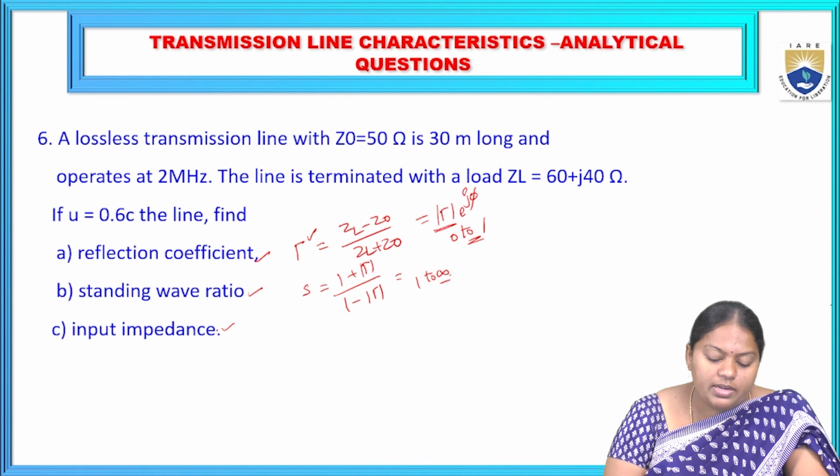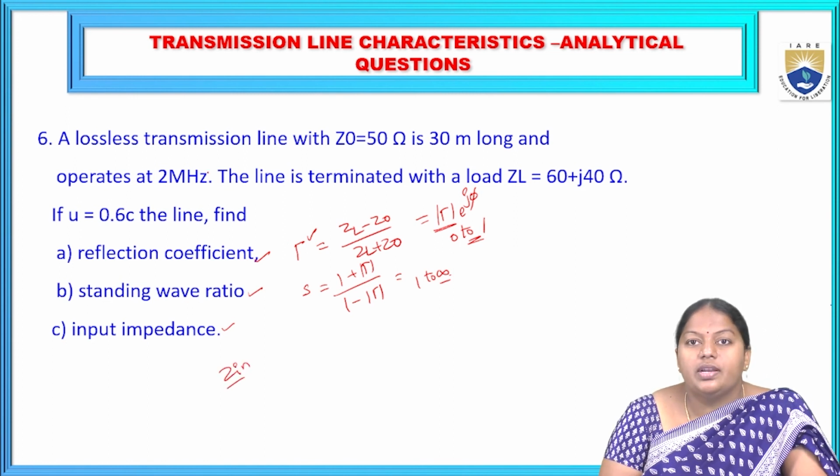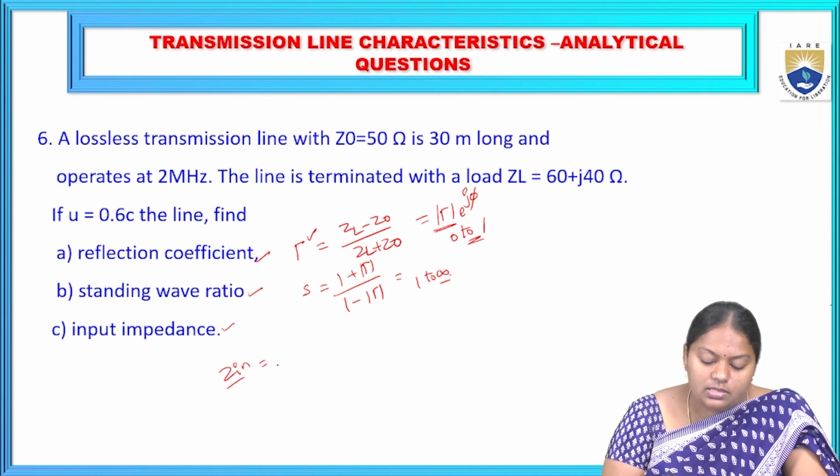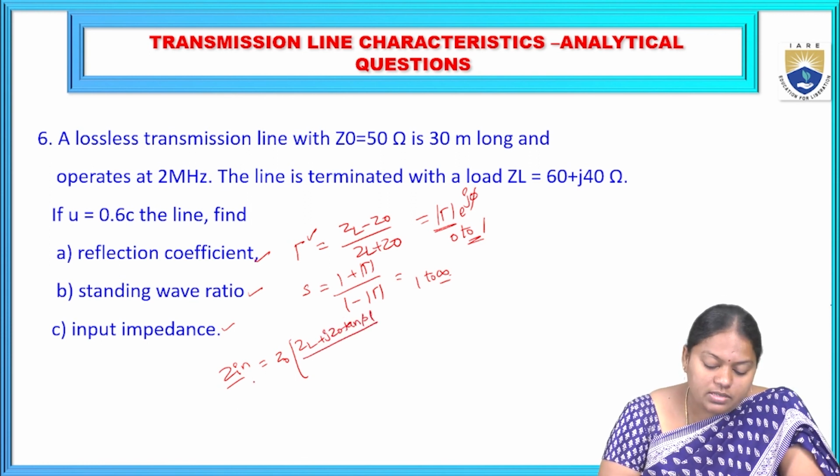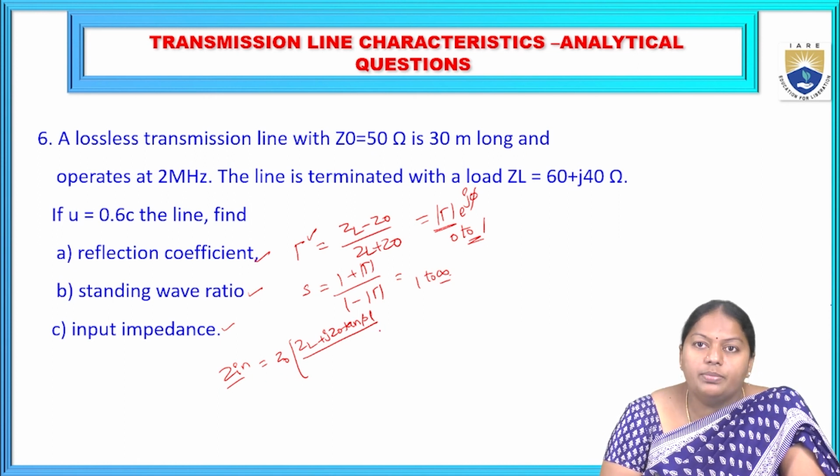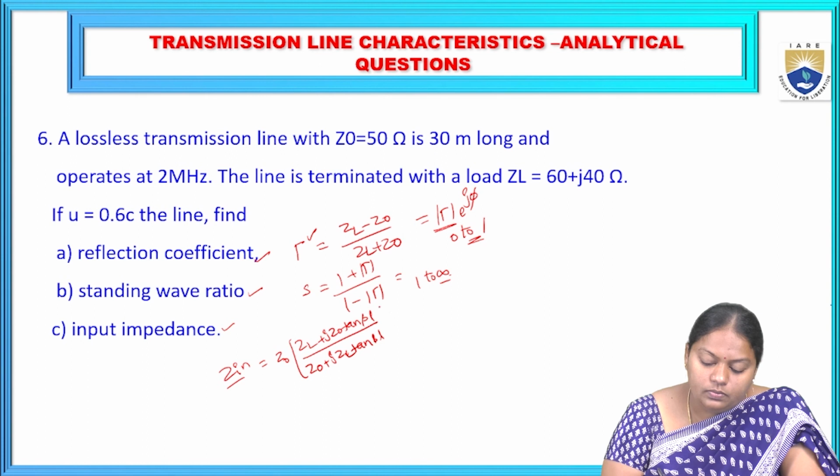Now after that, to find input impedance, here we see a lossless transmission line. That's why the input impedance equation is given by Zin equal to Z0 into ZL plus JZ0 tan beta L by Z0 plus JZL tan beta L. Right?